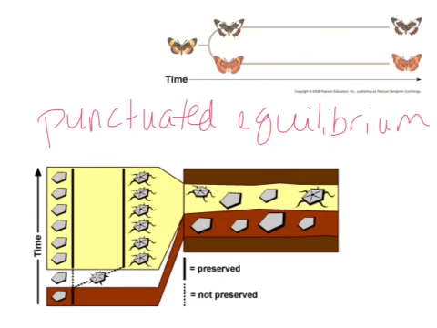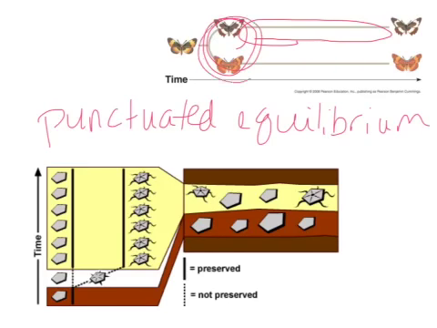Punctuated equilibrium also has support in the fossil record. Remember, this is the one with long periods of time where there's no change, punctuated by very rapid change. So the support for punctuated equilibrium also comes from the gaps in the fossil record.